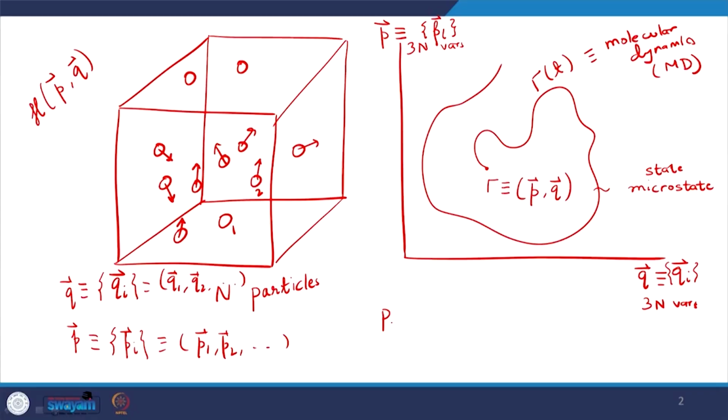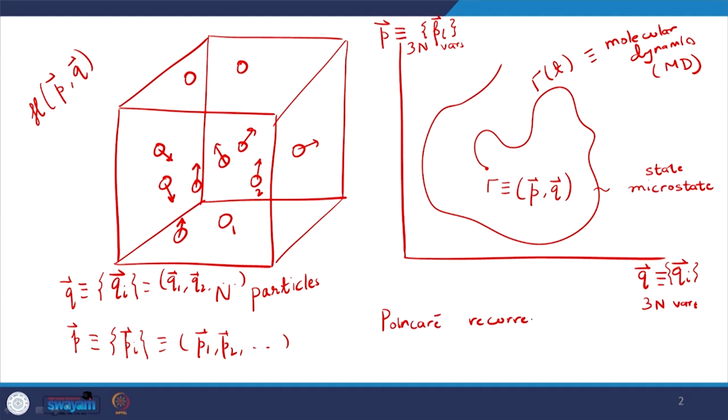After a very long time, and there is a name for this, it is called the Poincare recurrence time, the molecules may come back to the same configuration, but you may imagine that for a large number of particles that is not really going to happen. So if you are interested, it is called Poincare recurrence time.